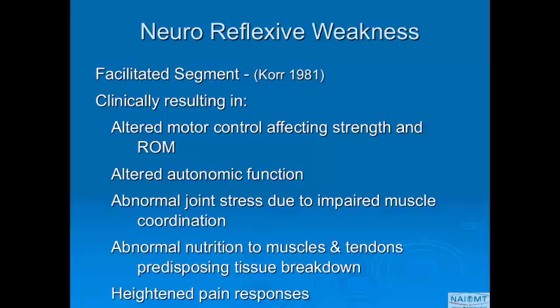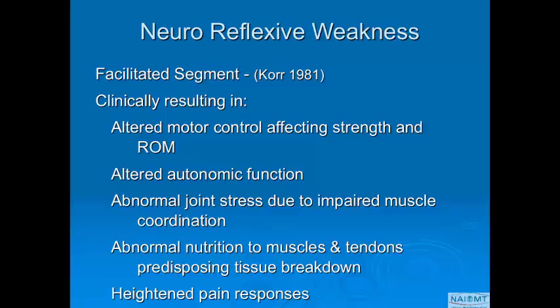However, these muscles are abnormally activated or facilitated. Because of this, there's often a loss of range of motion within that muscle, and even abnormal joint stresses due to discoordination, the inability to produce strength out of the muscle, and the inability to fully relax the muscle.